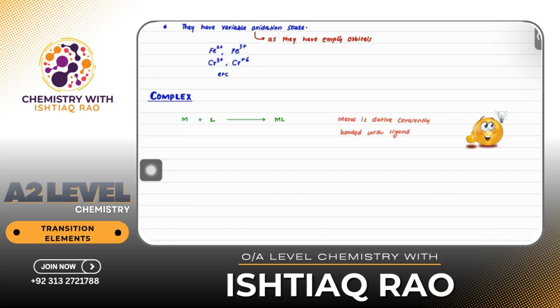But a dative covalent bond is different. In this bond, only a single element is going to share two electrons. So it's a sharing of an electron pair, not a single electron. That's the major difference between the normal covalent bond and a dative covalent bond.